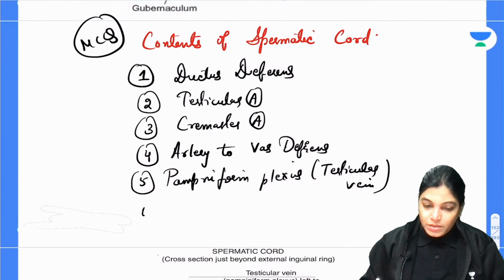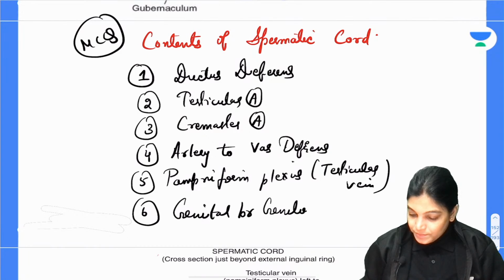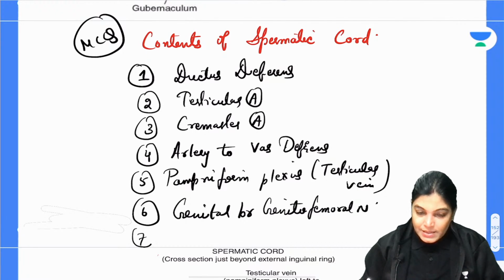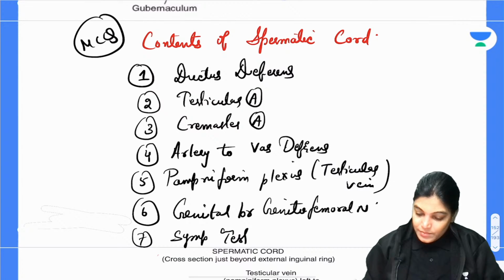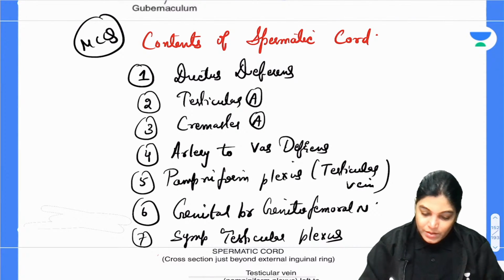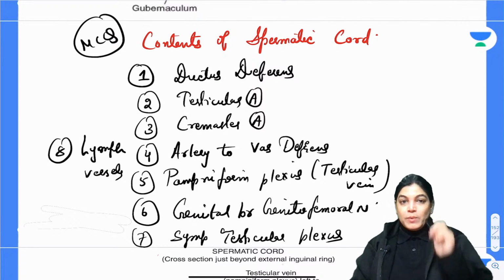We have got genital branch of genitofemoral nerve. And sympathetic plexus, we have got sympathetic testicular plexus and lymph vessels. So all these are important structures which are lying inside the spermatic cord.